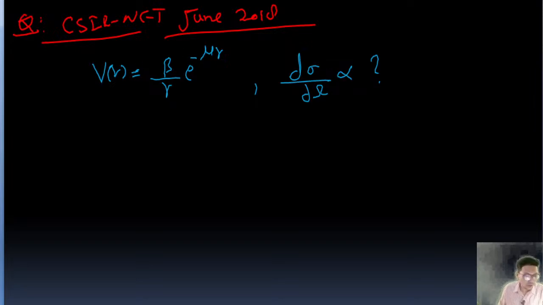Well, and options are given, guys. Very good question. Option A is k square plus sine square theta by 2.